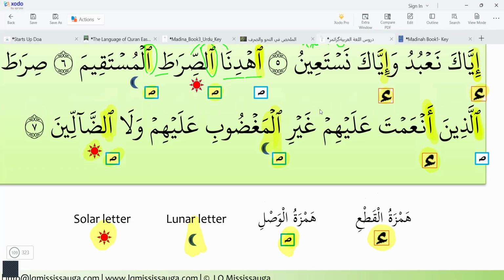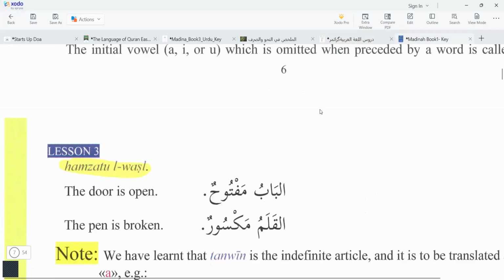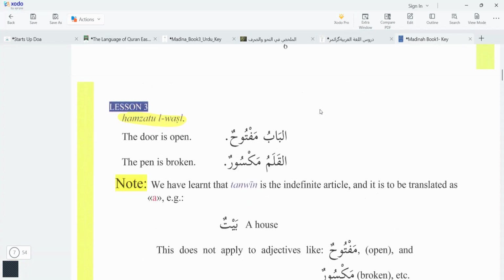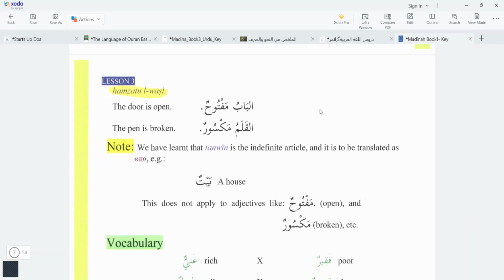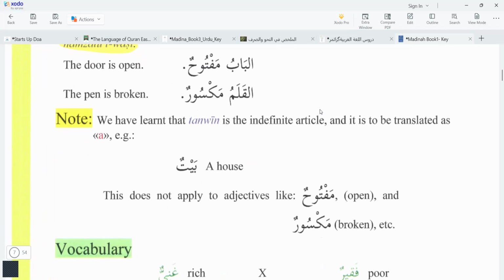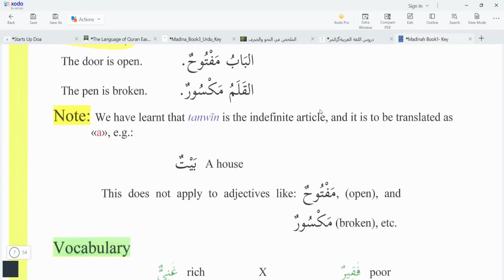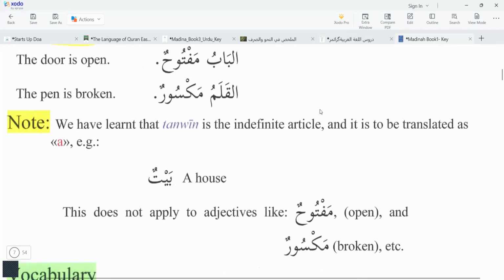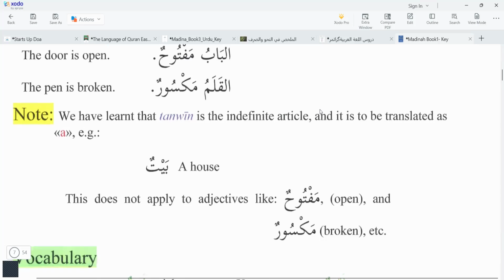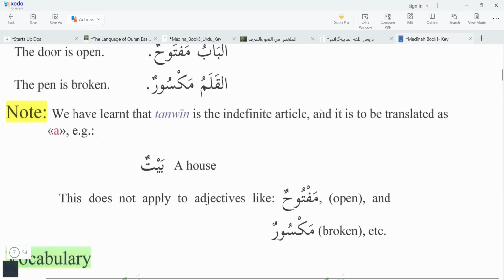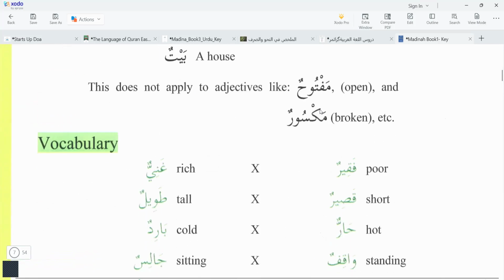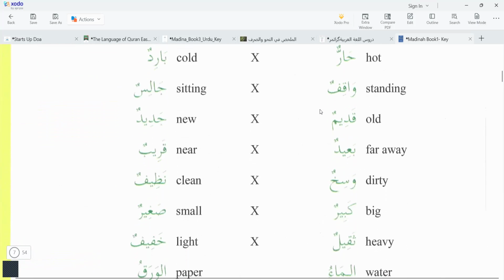Okay. This was our lesson. This one we will continue tomorrow, inshallah.